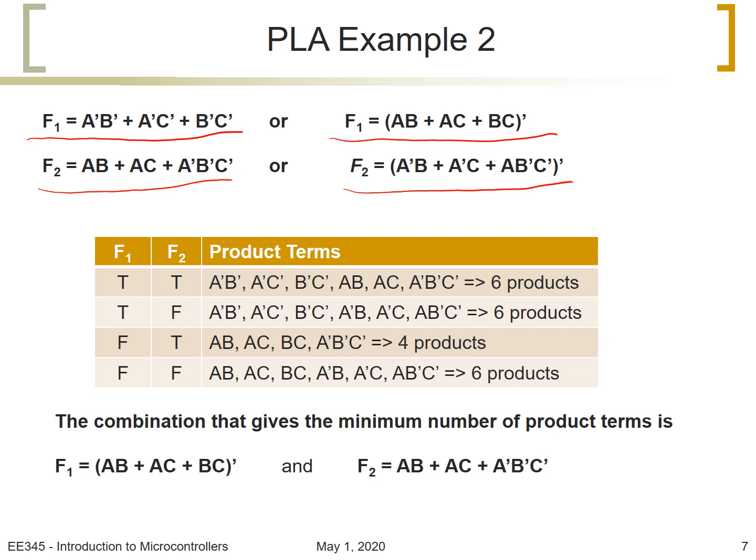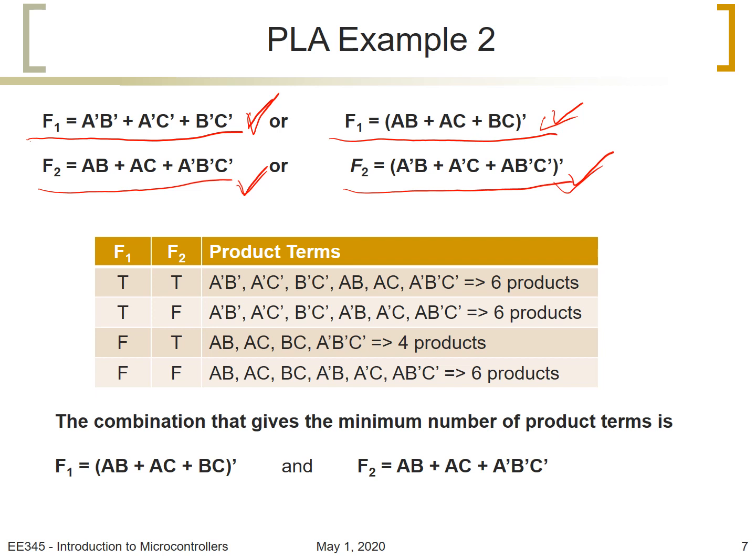Then we need one more exercise, as a matter of fact, which is the following. Now, we can take either the true value of F1 with the true value of F2, or the true value of F1 with F2 complemented, or F1 complemented and F2 true, or F1 complemented and F2 complemented.